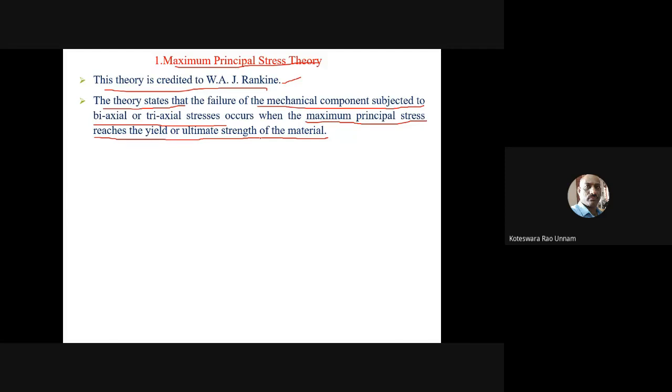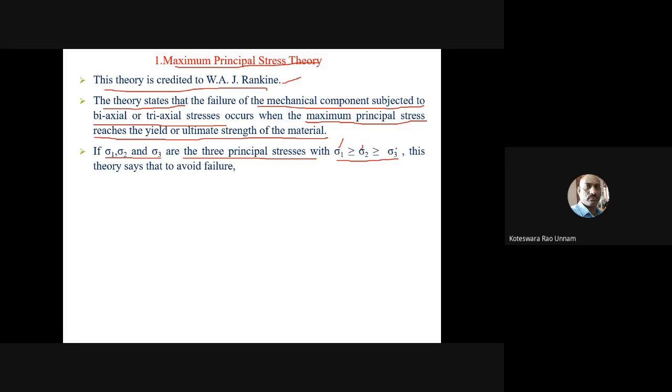So that's what I have written here in the slides. If sigma 1, sigma 2, sigma 3 are the three principal stresses in descending order, that means sigma 1 is the highest, the next highest is sigma 2, and the lowest of the three is sigma 3.